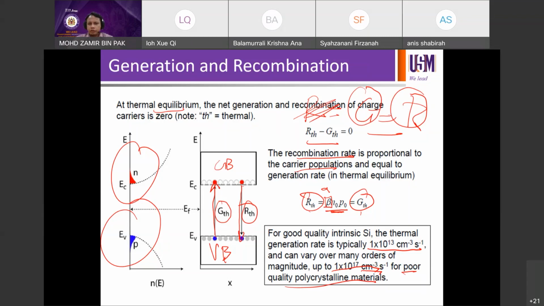So that's just a guideline. But you really have to go to the specifics of your material, for example, p-type or n-type, good quality, bad quality, and then only can you get the generation rate and recombination rate.